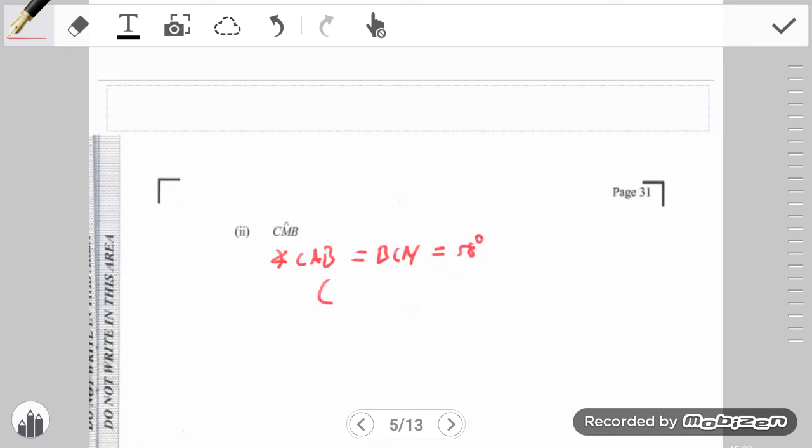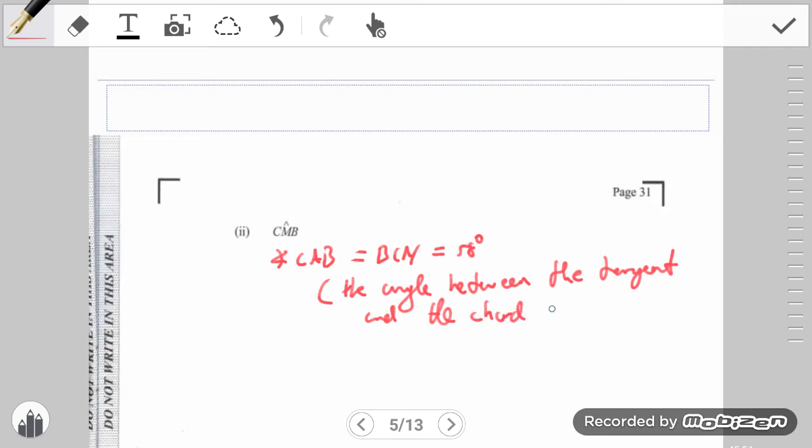And the reason for us saying that is the angle between the tangent and the chord is equal to the angle at the circumference.